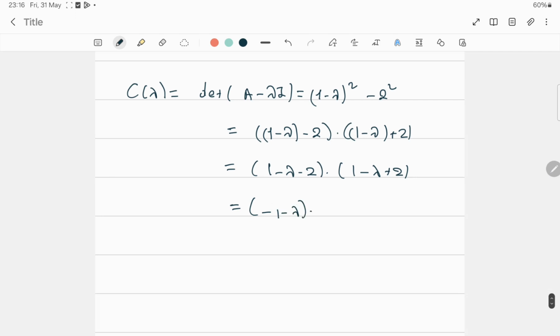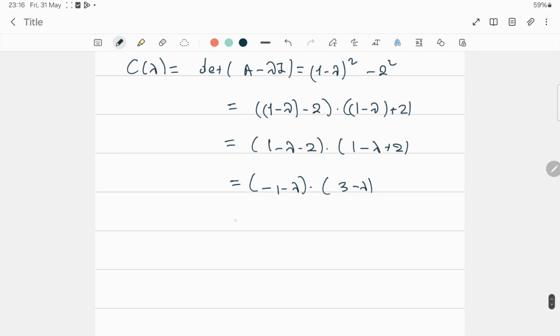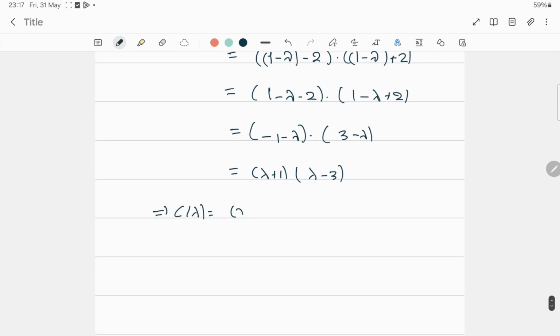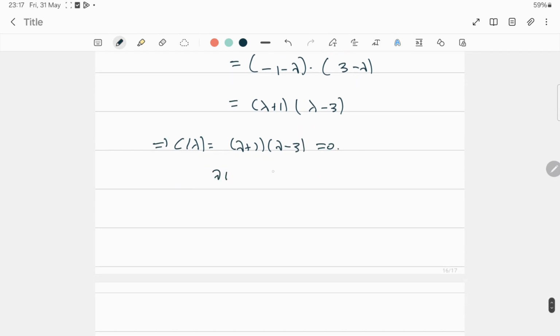Minus 1 minus lambda times 3 minus lambda. We take the minus outside and we put the minus here. So the characteristic function here is lambda plus 1 times lambda minus 3. We take this equal to 0 and we get that lambda 1 is minus 1 and lambda 2 is 3.